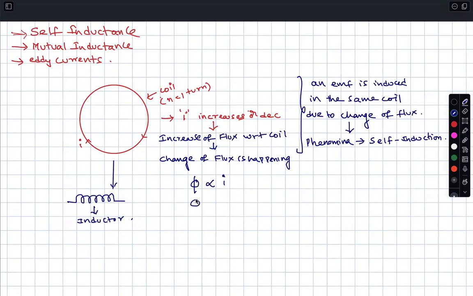And this constant of proportionality is replaced with a constant L. And this constant is called coefficient of self-inductance. That is called coefficient of self-inductance.